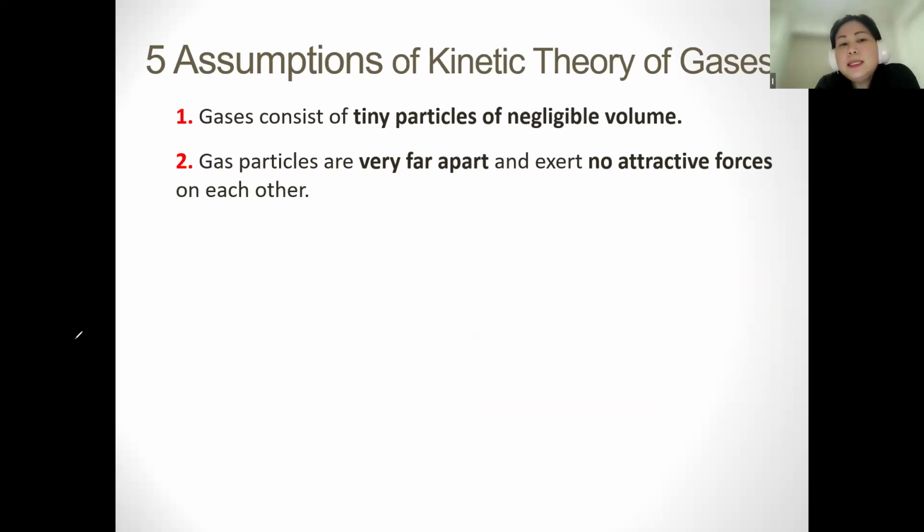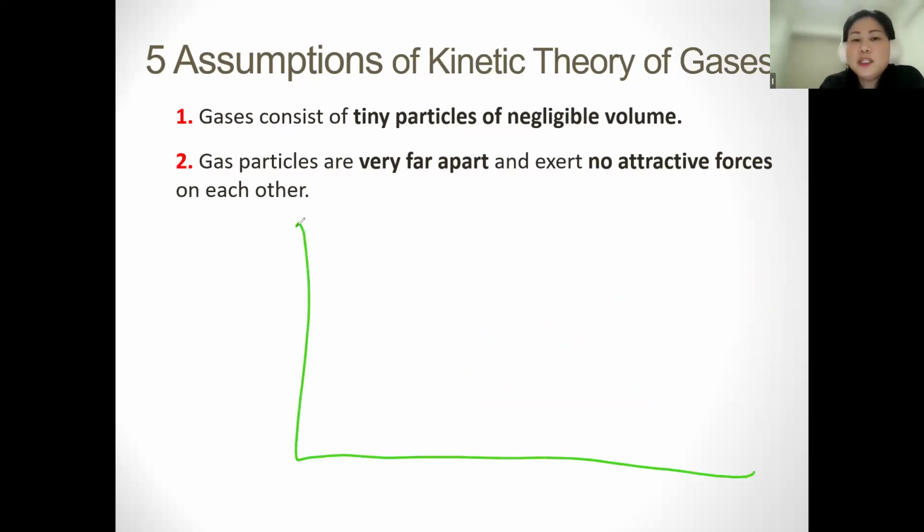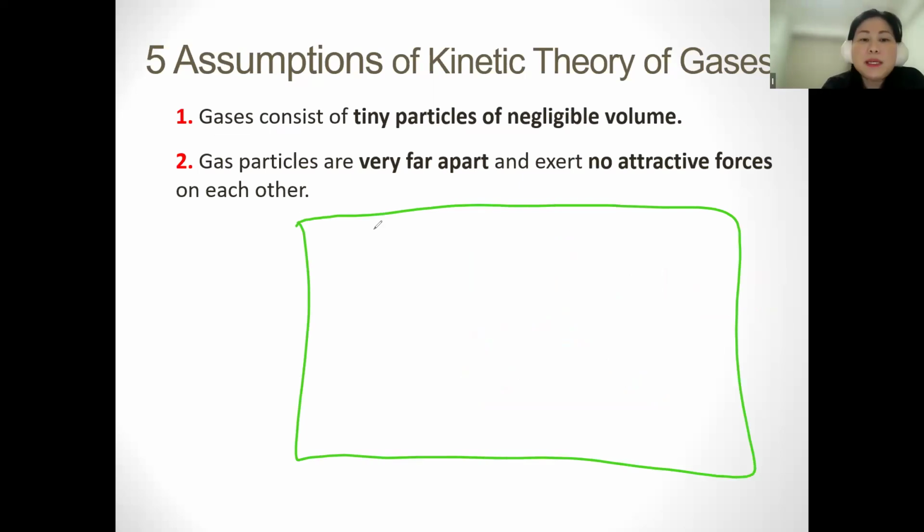The second assumption is that the gaseous particles are very, very far apart, and in between them there are totally no attractive forces. So we are imagining a space like this, and the particles are very, very far from one another. Because if we were assuming that they are very near one another, then between the particles there would be something known as intermolecular force.